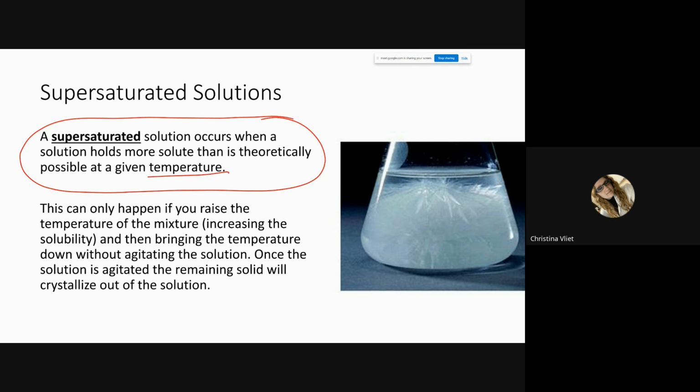Pour it out in the sink in the back. Hold on, wait, let that come off. Nitrile gloves, the regular gloves, they're in the regular spot.